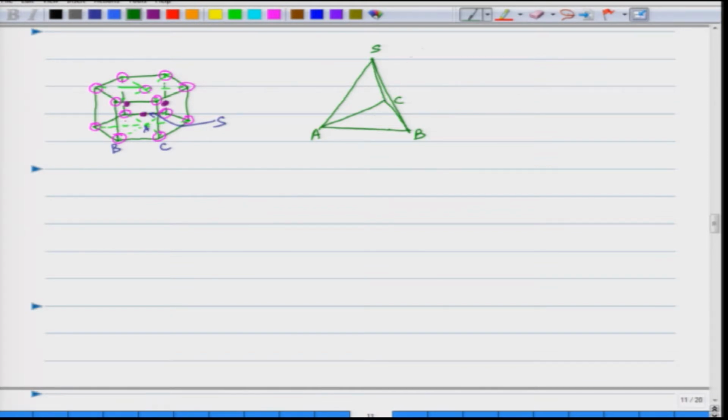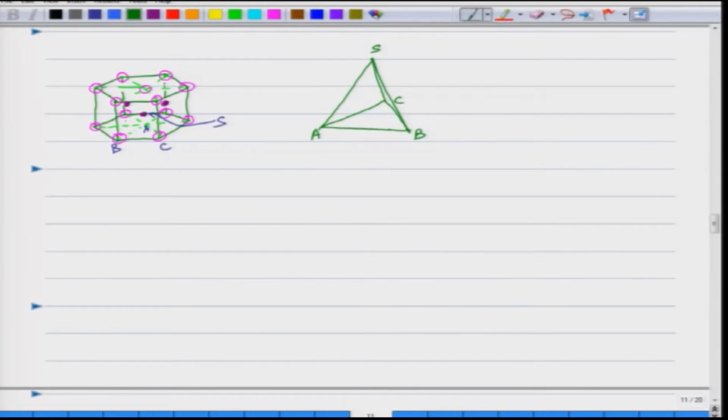So, this is one half of the pyramid, but that is not the complete picture when we want to describe all the Burgers vectors, because this is not at 60 degrees, this line is not the same as this line, these are different, and therefore, we will have to describe it separately.